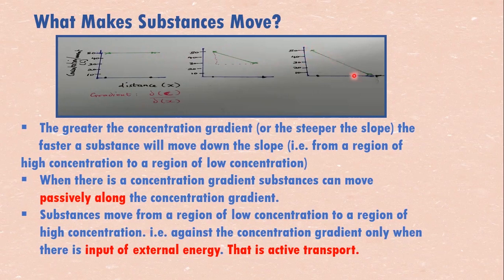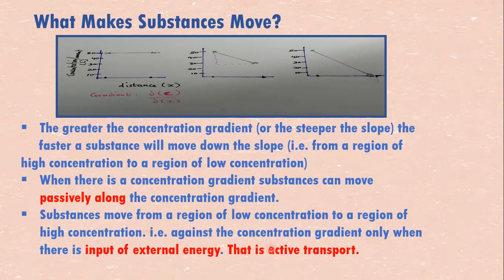So substances move down passively on their own along concentration gradients. If I want to move a substance from here up to a higher concentration, I need to put in energy to move the substances from a lower concentration to a higher concentration. So I need energy input, and such movement is active transport.